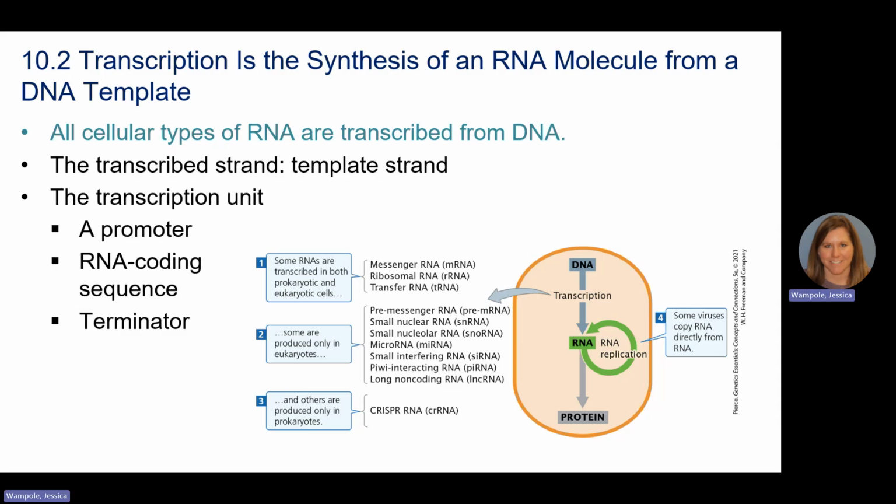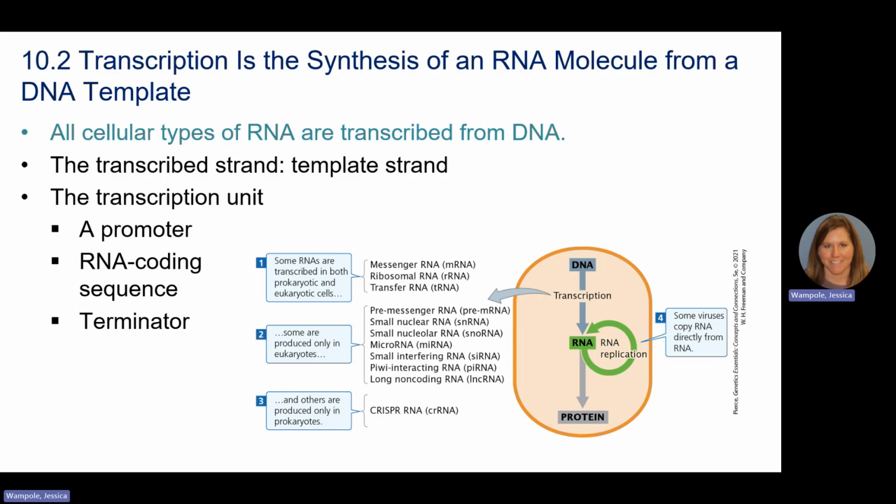So we are going to start with a DNA template. And we are going to use that template to make an RNA molecule. So no matter what type of RNA we're making, we're going to use a specific sequence within our DNA.